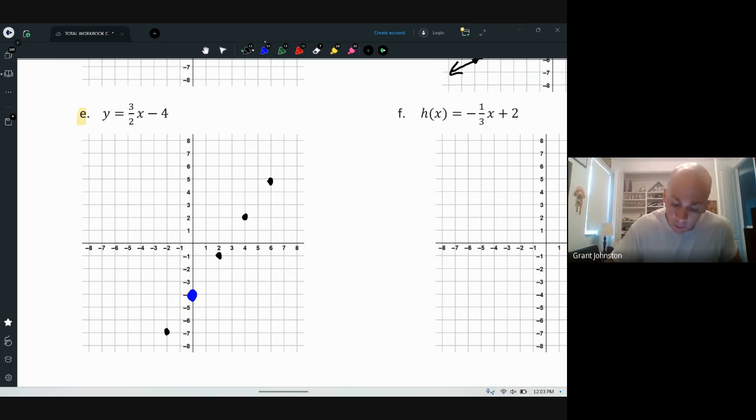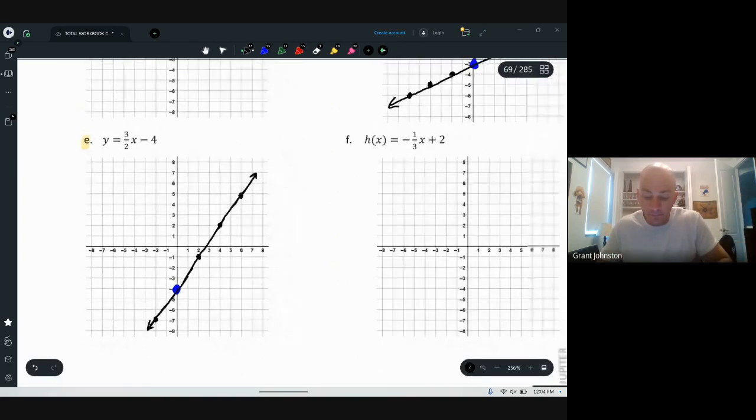You only really need 2 dots to make a line, but I want my line to look decent, so I try to graph kind of as many as I can on the coordinate plane. So y-intercept's negative 4, slope's 3 over 2. We went up 3 over 2, and it's positive, so slope's positive. So our line, again, if you look at my arm, when you read it left to right, it's going up. Should be good there.